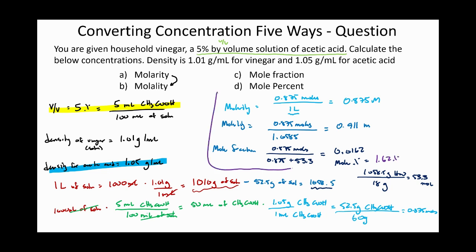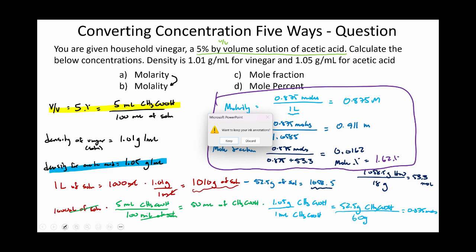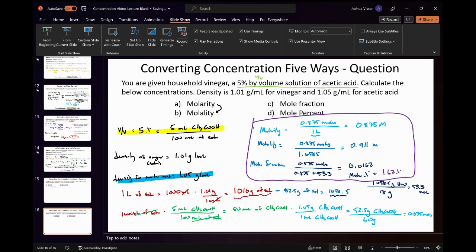So these are all of the different concentration units we'd have for this problem. Now that we've done all this, you should feel pretty confident in being able to calculate different concentrations, because we've gone through in practice what each concentration unit is.